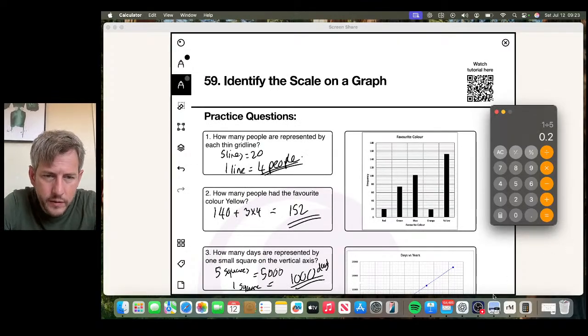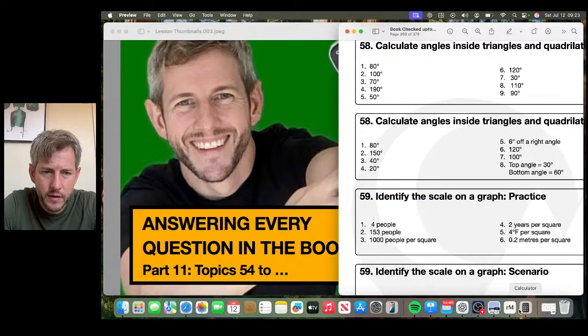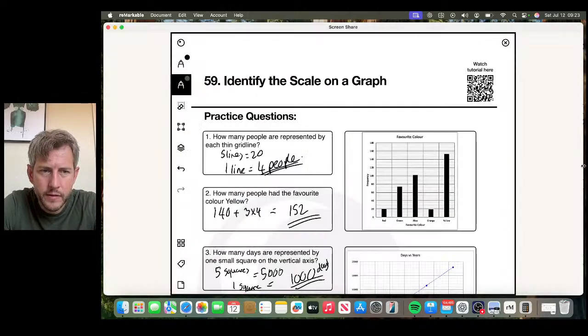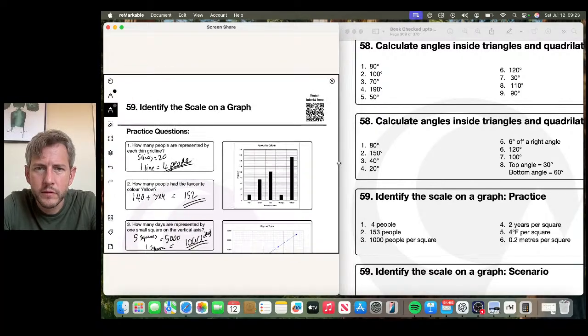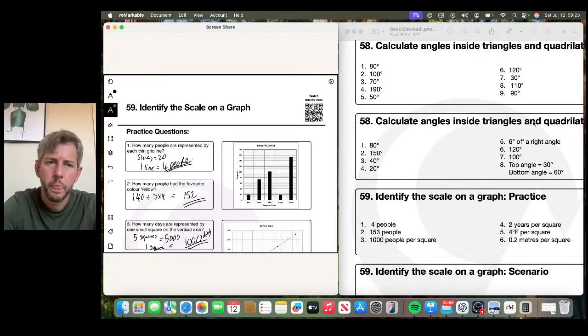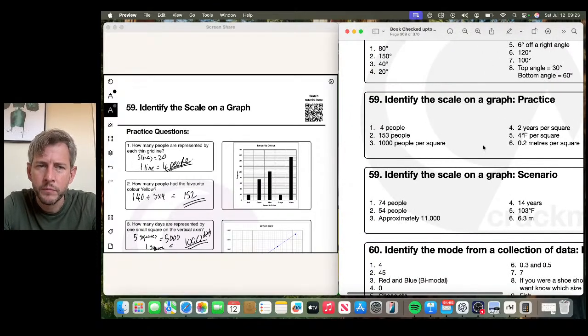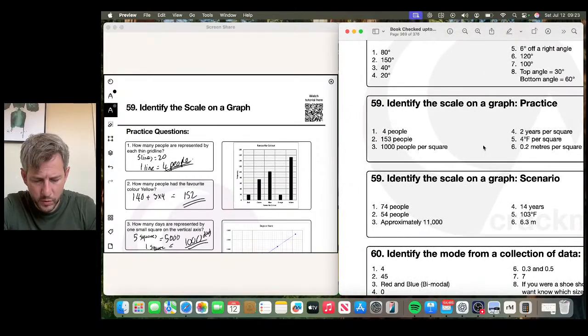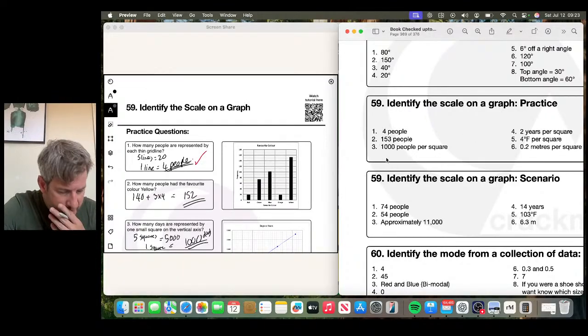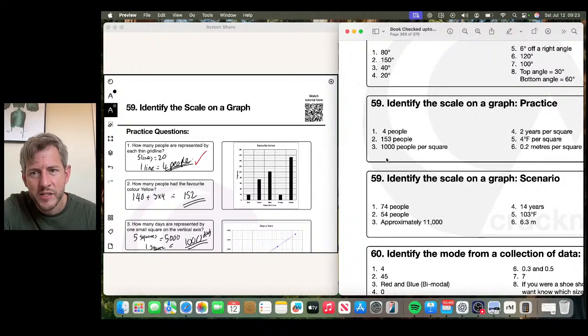Okay, so let's get this over here. Here we go. So first one, 4 people. Yep. Oh, I've gone for 153. Yes, I actually do agree with that.